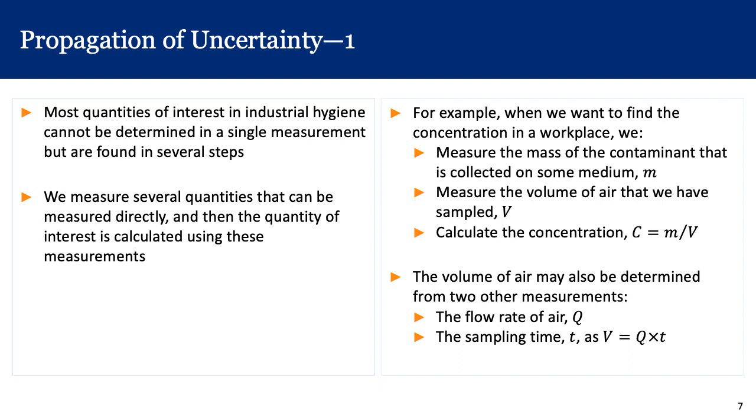One is mass, for the m over V, and we need the measurement of flow rate in cubic meters per second or cubic meters per minute, and time, which is in units of seconds or minutes. So three different measurements, mass, flow rate, and time, are needed to calculate the concentration.